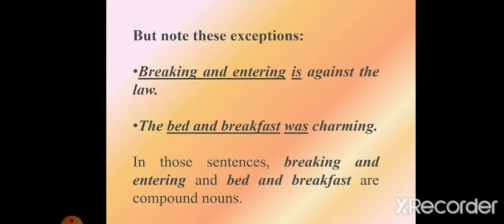You're taking it in the singular verb form because they are taken as a singular compound noun. Do you understand now? Breaking and entering is against the law. So this is one action. Then bed and breakfast is one offer. So you are taking it as a singular subject which requires a singular verb.